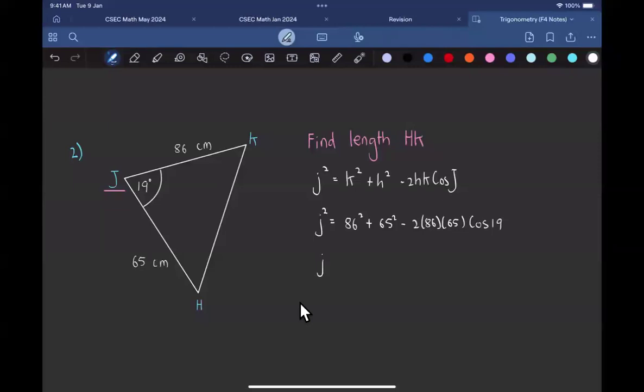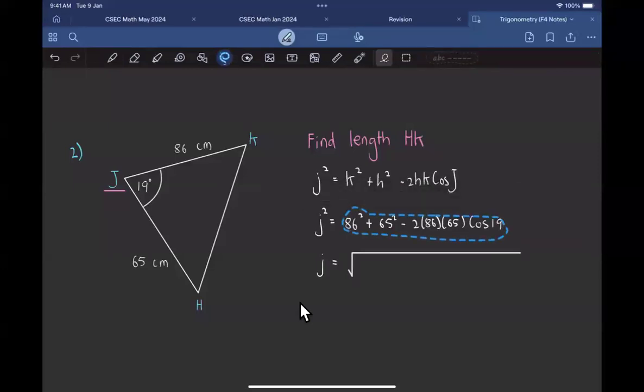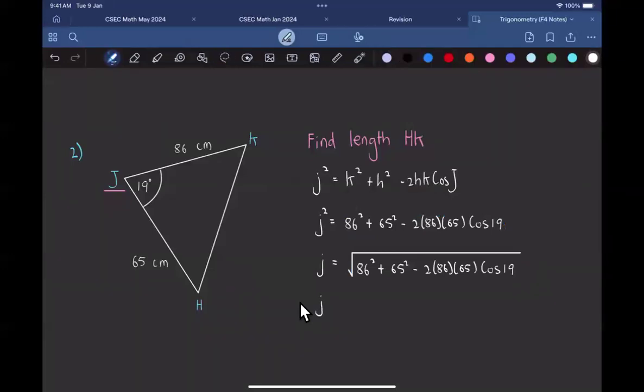But I want to find G, so I've got to find the square root of all of that, which is 32.41.